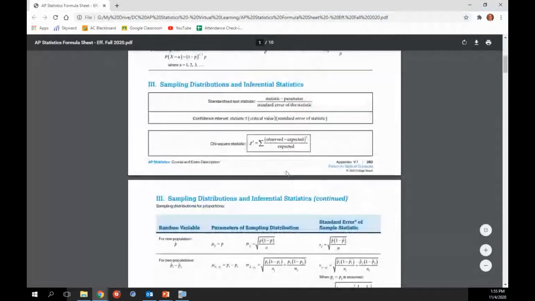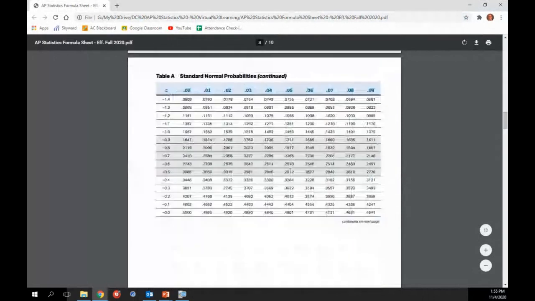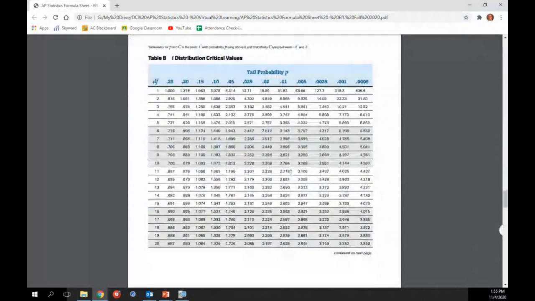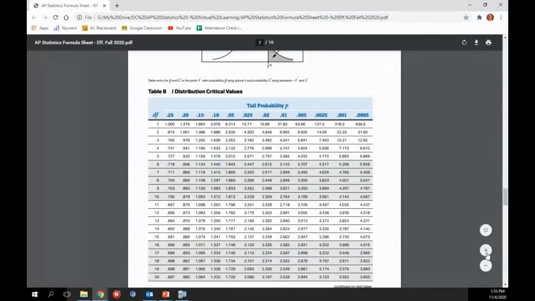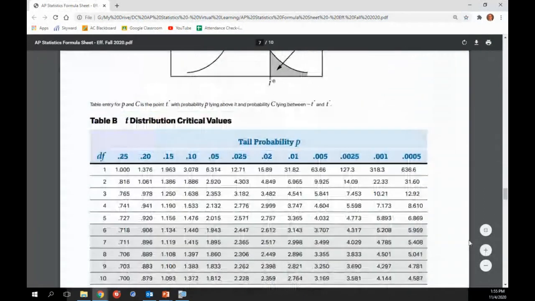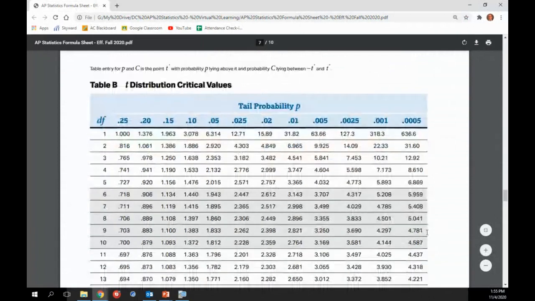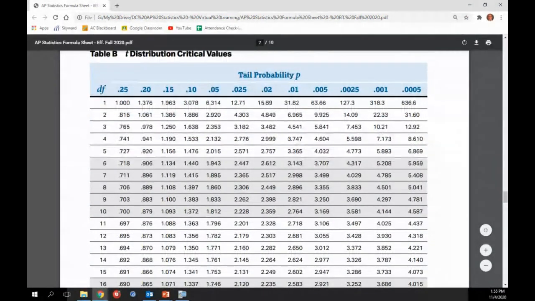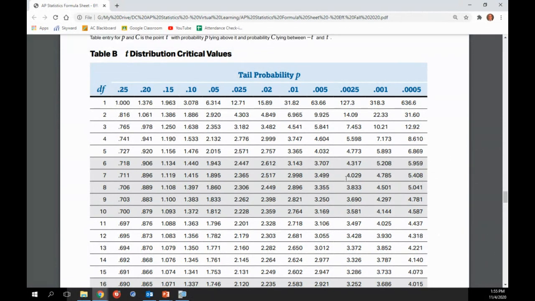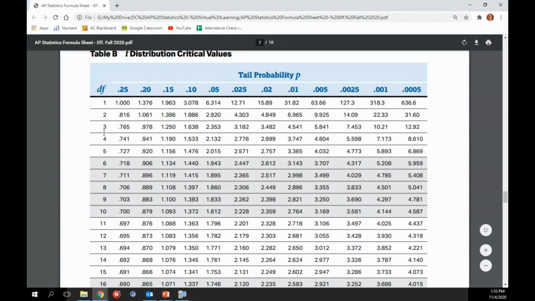Okay, so what we would need to do is go to our t table. And how many degrees of freedom did I have? 9. So whether you're in AP or dual credit, you would still find on your t distribution table 9 degrees of freedom.